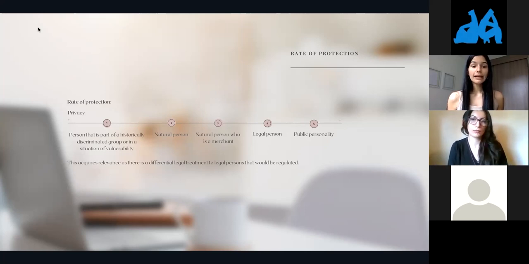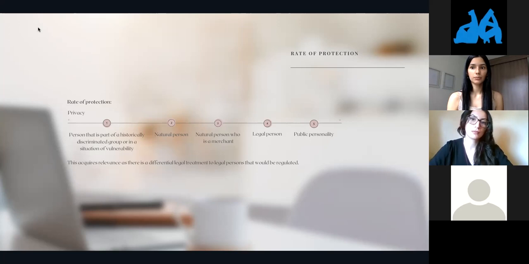Como pueden ver en la gráfica, hasta llegar al rango de mayor protección, que es el de una persona que históricamente pertenece a un grupo que ha sido discriminado. Pensemos en una persona que hace parte de una comunidad afrodescendiente o rom o LGTBI, por ejemplo, o se encuentra en un momento concreto en situación de vulnerabilidad.